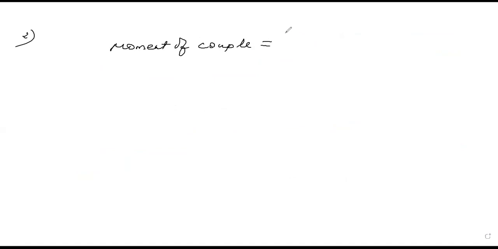We just use the word either force. Couple means two forces are acting. These two forces are equal in magnitude, opposite in direction, and the line of action is parallel. Got it? So such a pair of forces is called a couple.